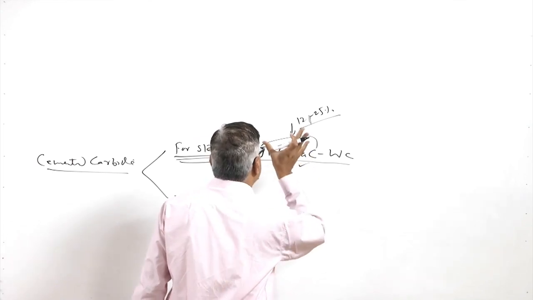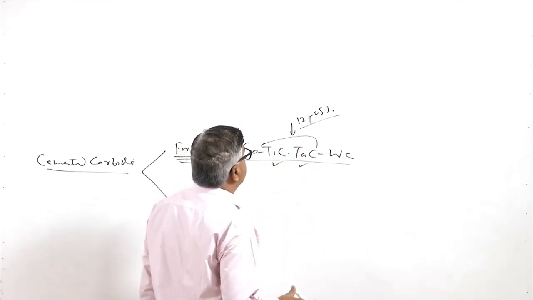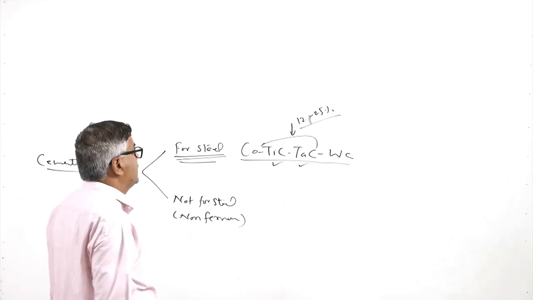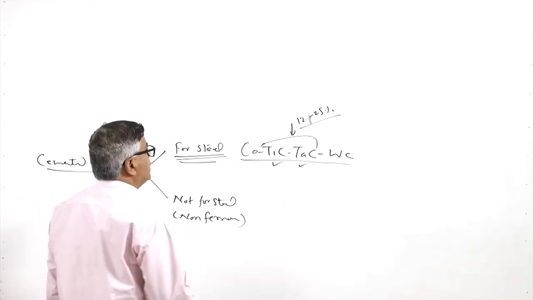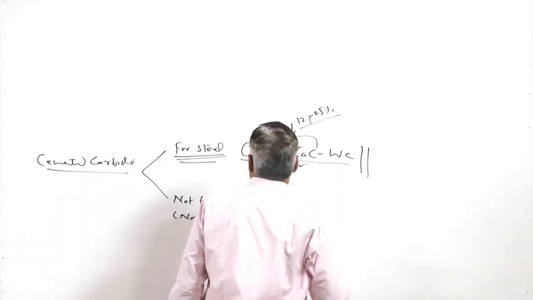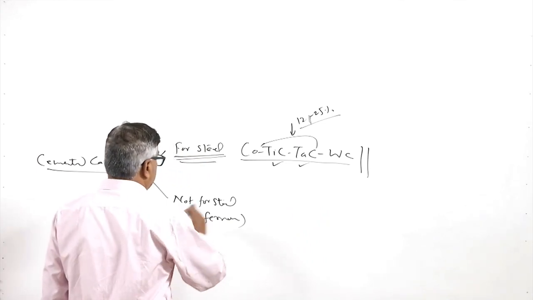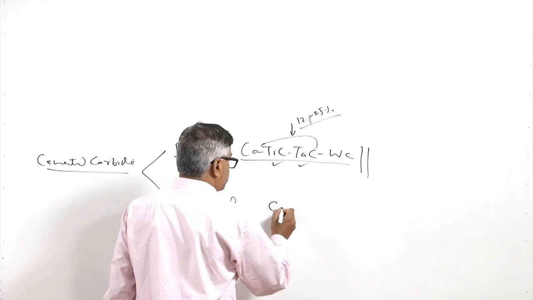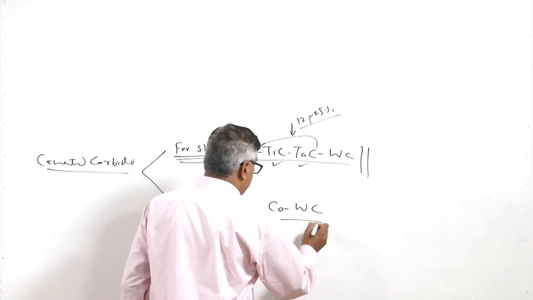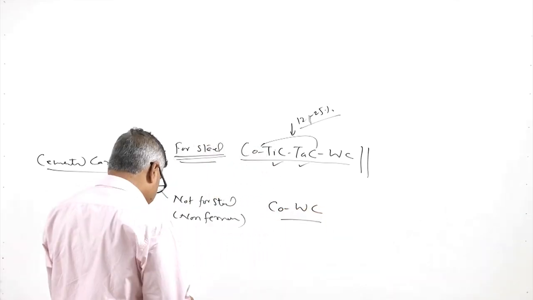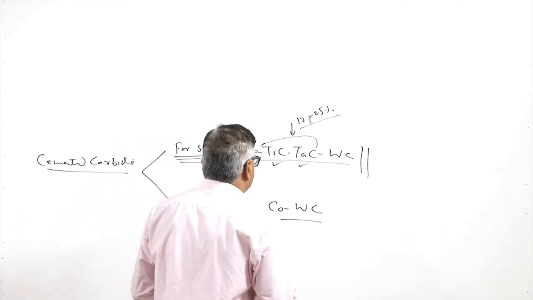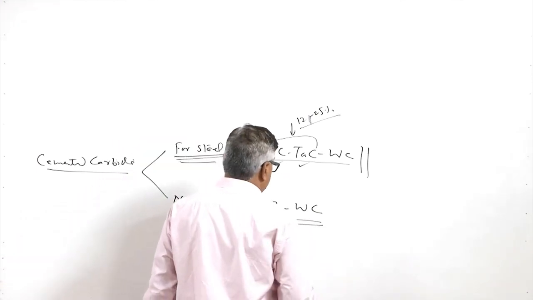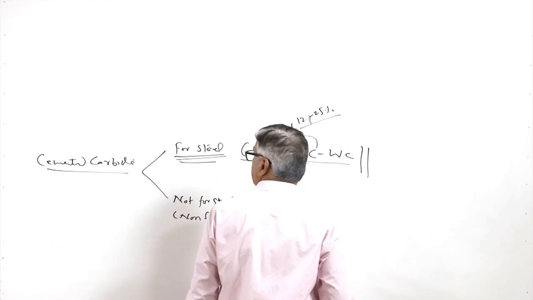When the modified version, TiC and TaC modified version of the WC-Co inserts, is used, it offers good tool life, while for the non ferrous metals we can use the straight WC and cobalt, the tungsten carbide cobalt type of cemented carbide tools.